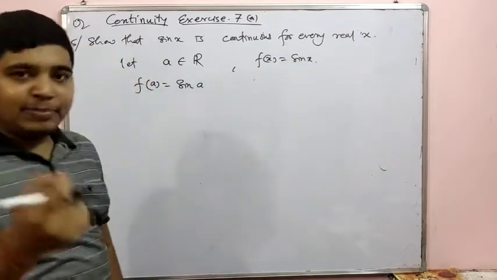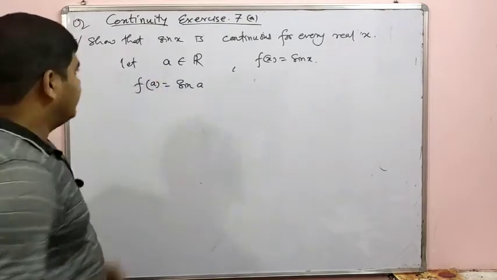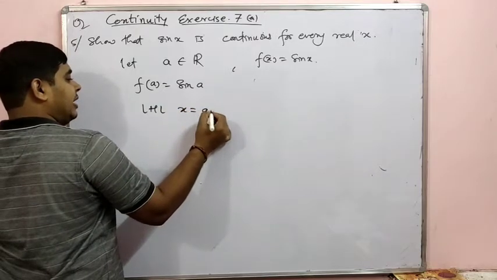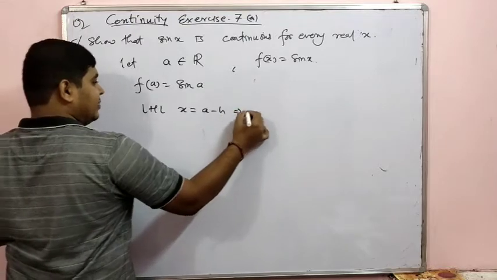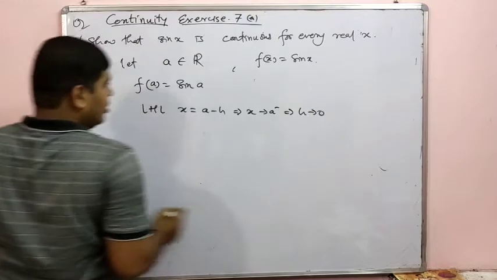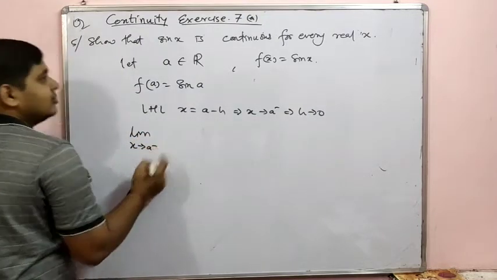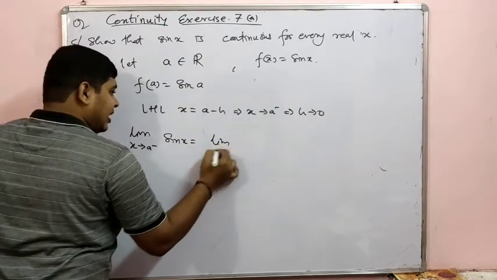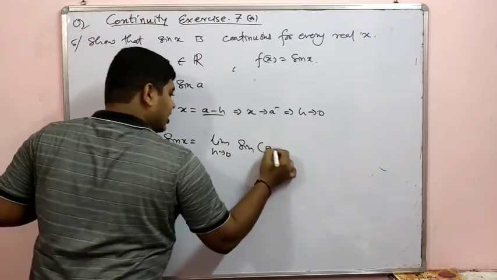Now we have to find the left hand limit at x is equal to a and the right hand limit at x is equal to a. So for the left hand limit, we take x is equal to a minus h. So this implies if x tends to a minus, then h tends to 0. So limit x tends to a minus of sin x is equal to limit h tends to 0, in place of x put a minus h, sin of a minus h.